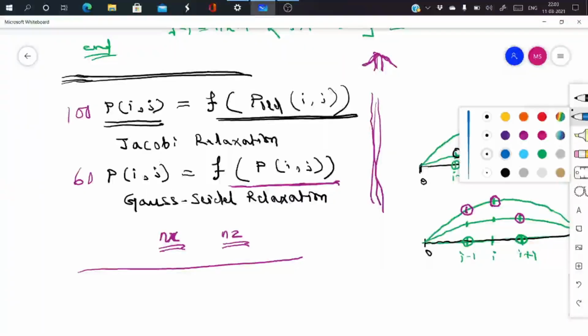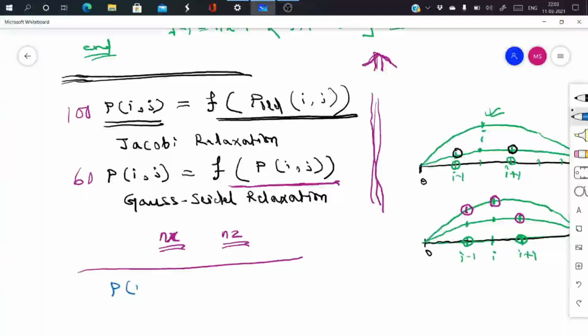we can write this as Pij equal to a function of P old value, or it may be a function of the current P value. This is for Jacobi, this is for Gauss-Seidel.